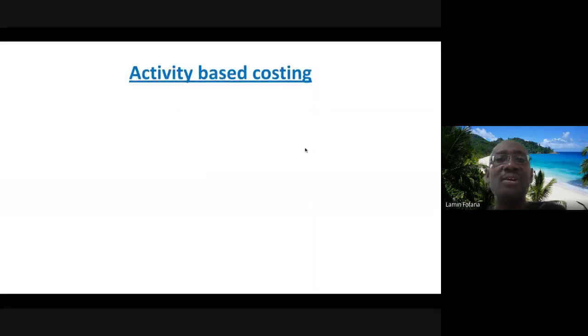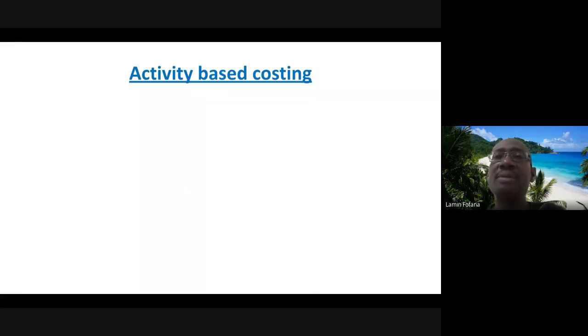Does anyone want to add anything about what we have done on absorption costing? Okay, so we can move on. Just like the ones who came before explained, we looked at absorption costing last week, and we did a question with two parts. The first part we did in class, and the second part I asked you to do as an assignment.